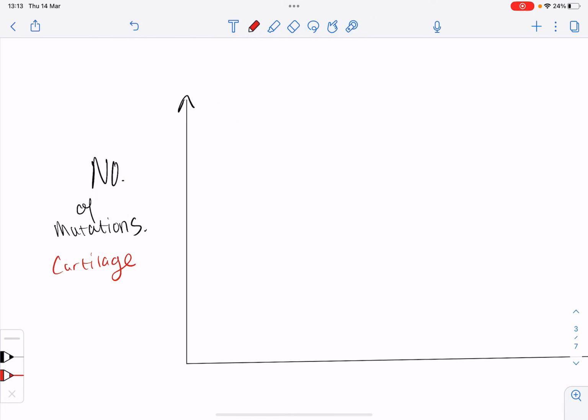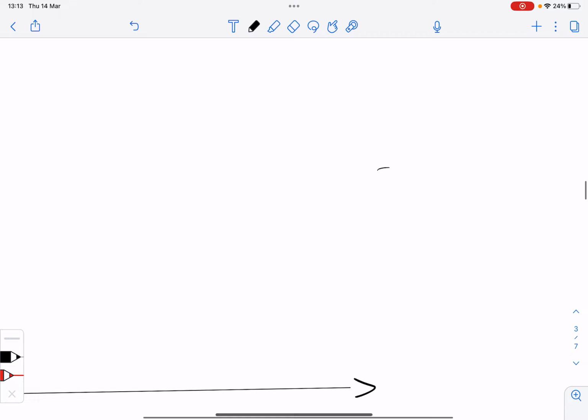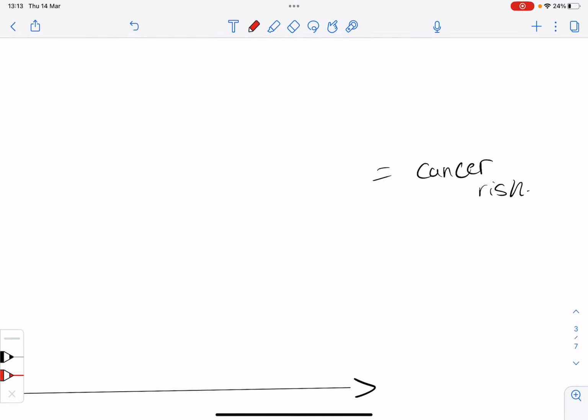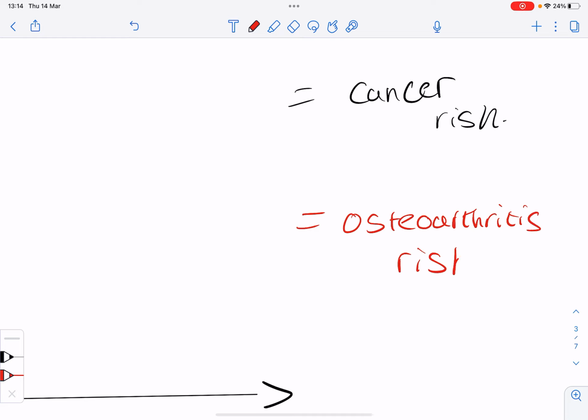And so number of mutations, we're looking at cancer risk. And with cartilage damage over time, well, most old people have this, and that is osteoarthritis risk. And it's just a simple graph.